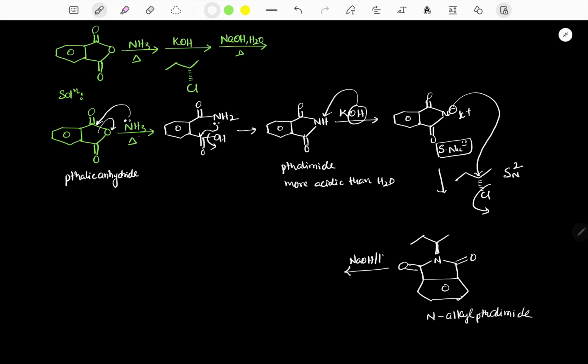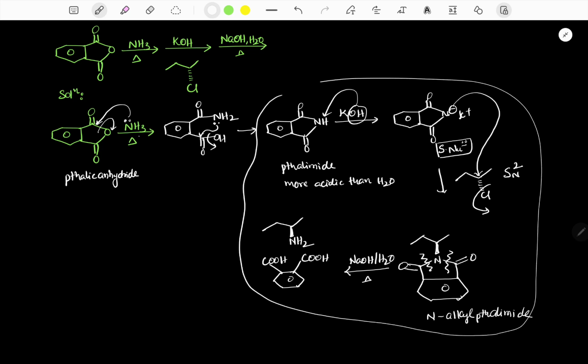Now it is treated with NaOH, H2O, heat. Here this functional group undergoes hydrolysis, and finally we get the corresponding COOH after acidification, and NH2.